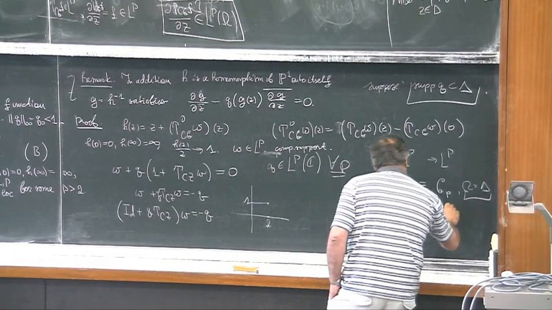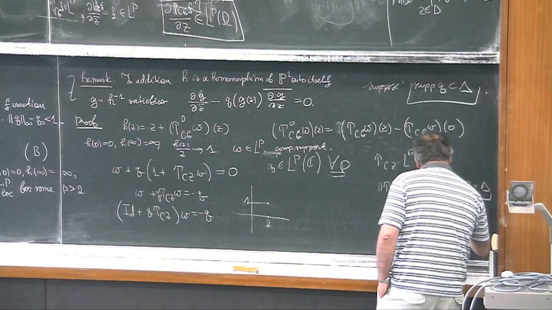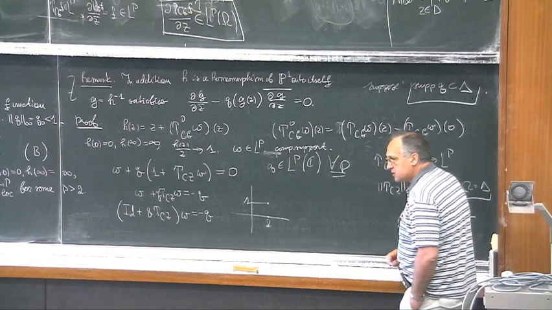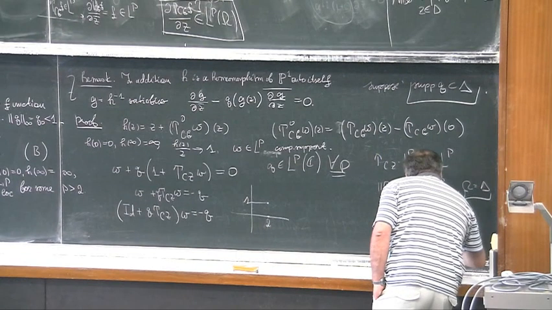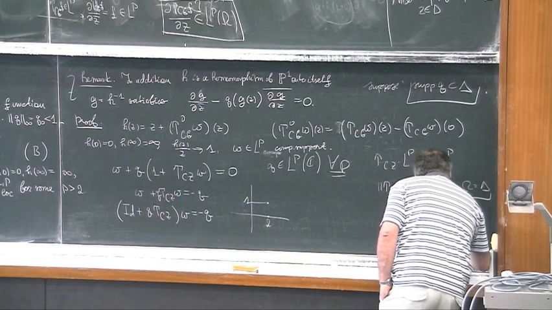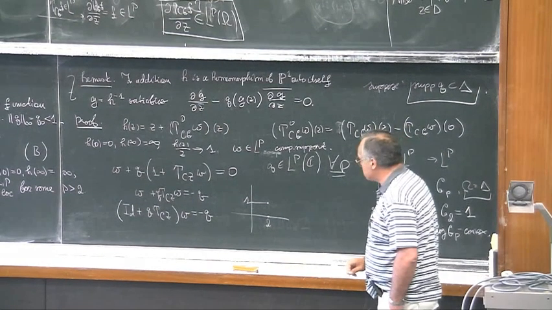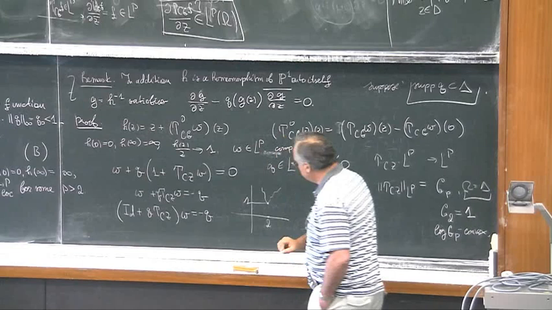So g of 2 in L2, this constant is equal to 1, and its logarithm is convex. The logarithm of g of p is convex. In particular, this thing decreases when p goes to 2.